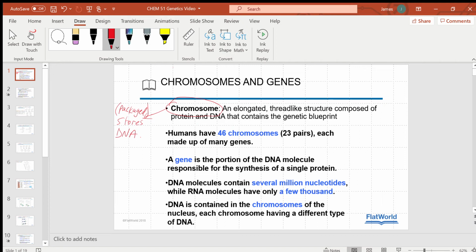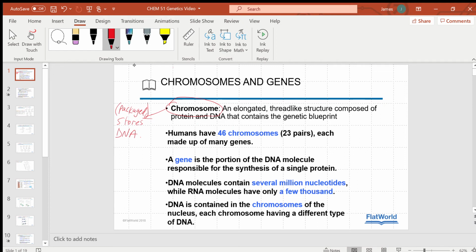There's a popular DNA company called 23andMe, and it's based on this idea that humans are intended to have 23 pairs of chromosomes. So we have 46, which is just twice 23 individual chromosomes. And again, each of those chromosomes stores specific genetic information.